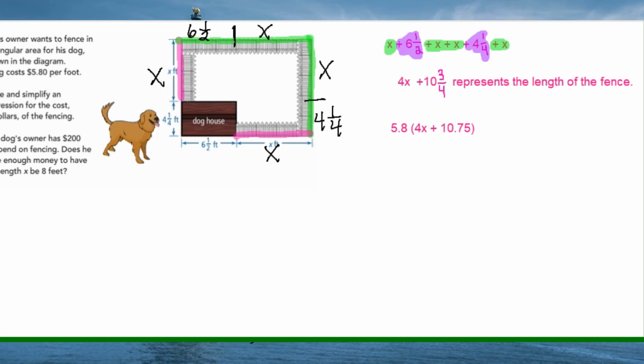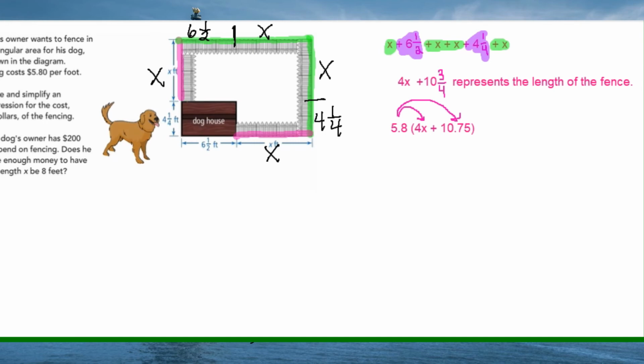So now I have to go ahead and distribute. I have to distribute this 5.80 into the parentheses, to the 4x and the 10.75.